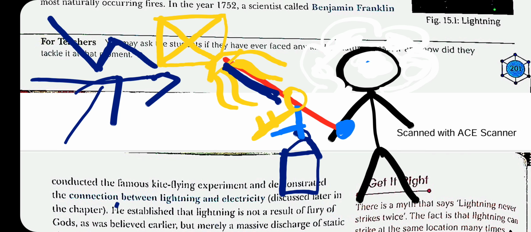Then what happened? So this part of the kite was wet. The wet silk thread carried the electric charge from the kite to the key. Now at the key, the charge traveled from the key to the metal wire, and from the metal wire to the Leyden jar.